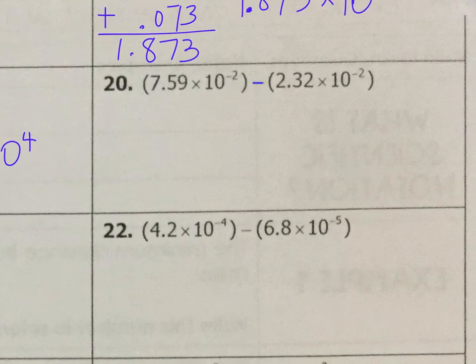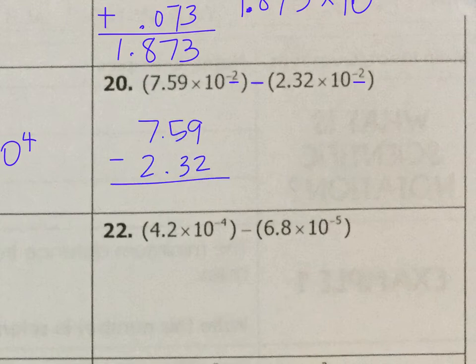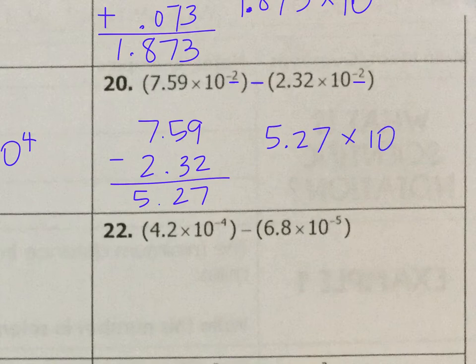This is a subtraction problem. Negative 2 is the same thing. So when I do 7.59, take away 2.32, I end up with 5.27 times 10 to the negative 2. We just copy the back part right down.